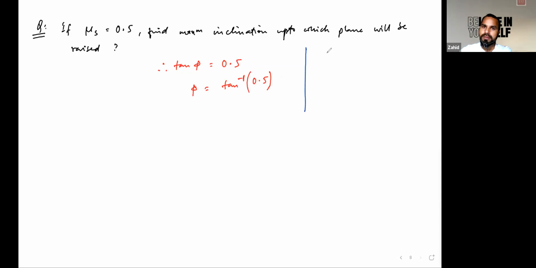Just remember, if theta is smaller than 30 degrees, then tan theta and sin theta are approximately equal to theta in radian measurement. To convert this angle into radians, 1 degree equals 1.74 into 10 raised to minus 2 radian.